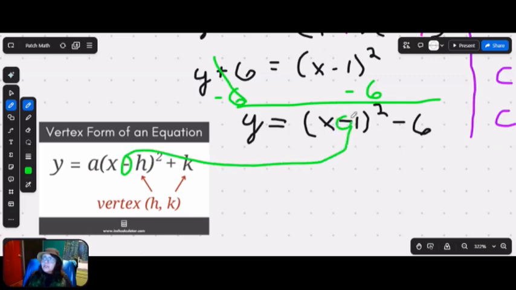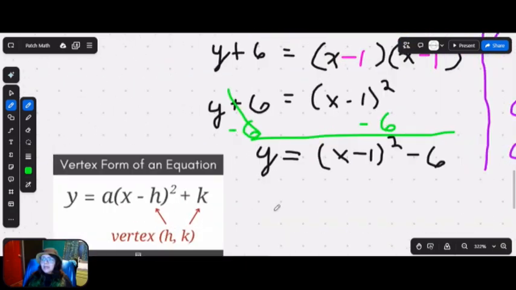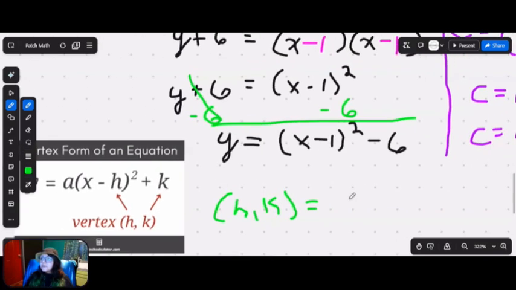So whatever our h is actually going to be the opposite sign of the constant inside of our binomial. So our h, k in this instance is equal to positive 1, because we would have to plug a positive 1 in there for that to be x minus 1, because of the negative in the formula, and negative 6. That is the vertex of this parabola: 1, negative 6.